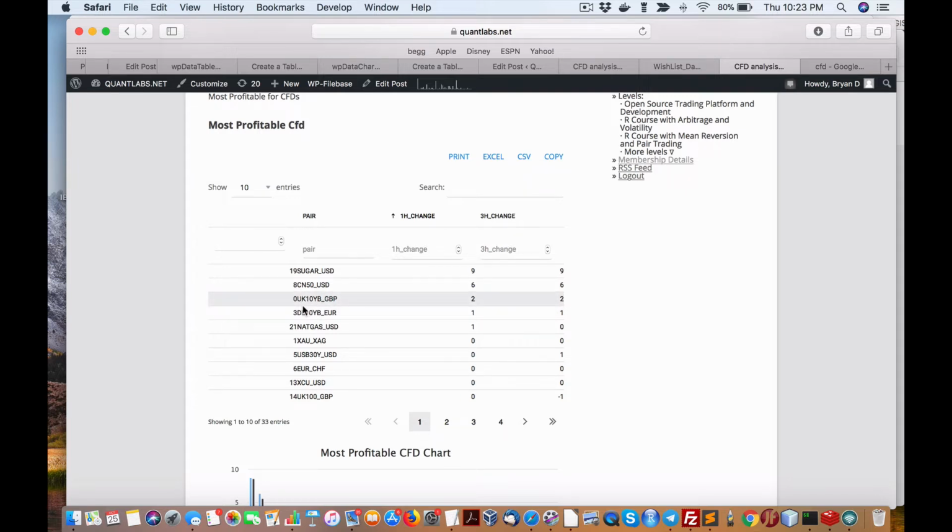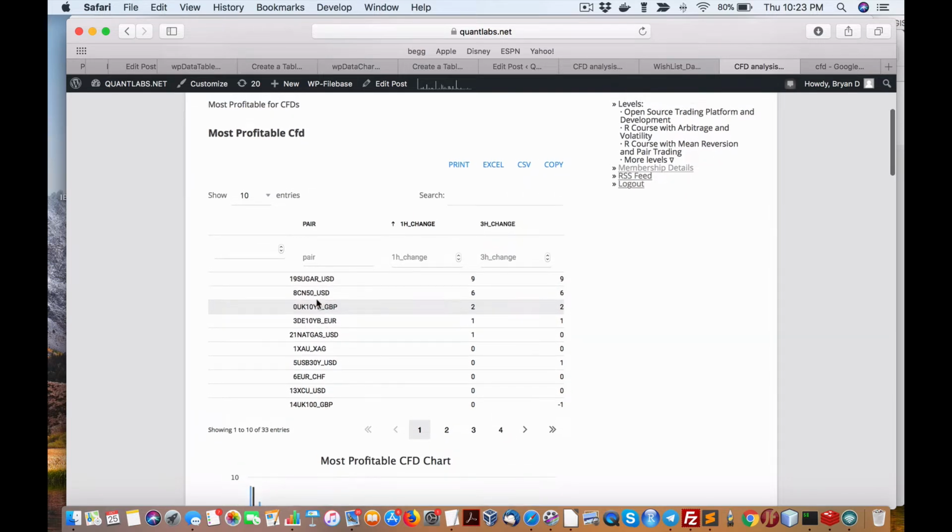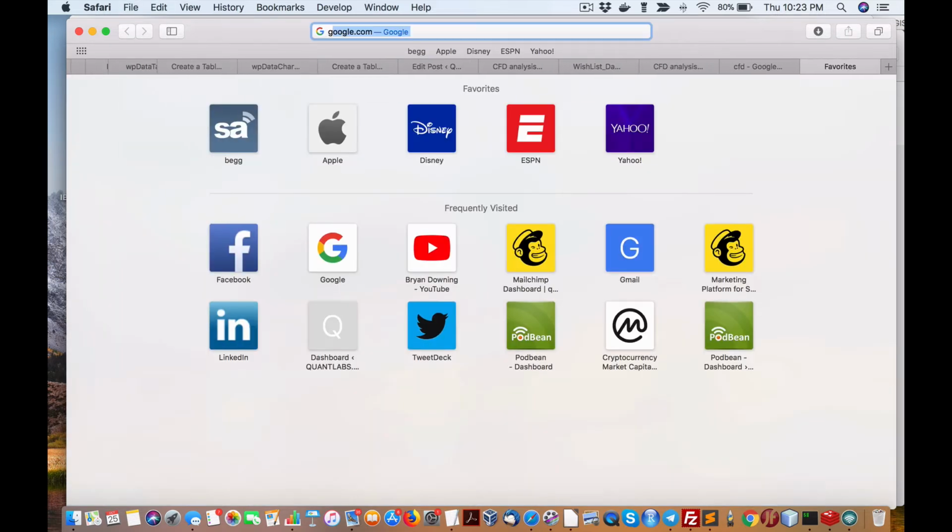And here are the defensive plays. So we have the UK 10-year bond. We also have the German 10-year bond as defensive plays. Natural gas is up 1%. Everything else is doing okay. But here you can easily look up what this little guy is.